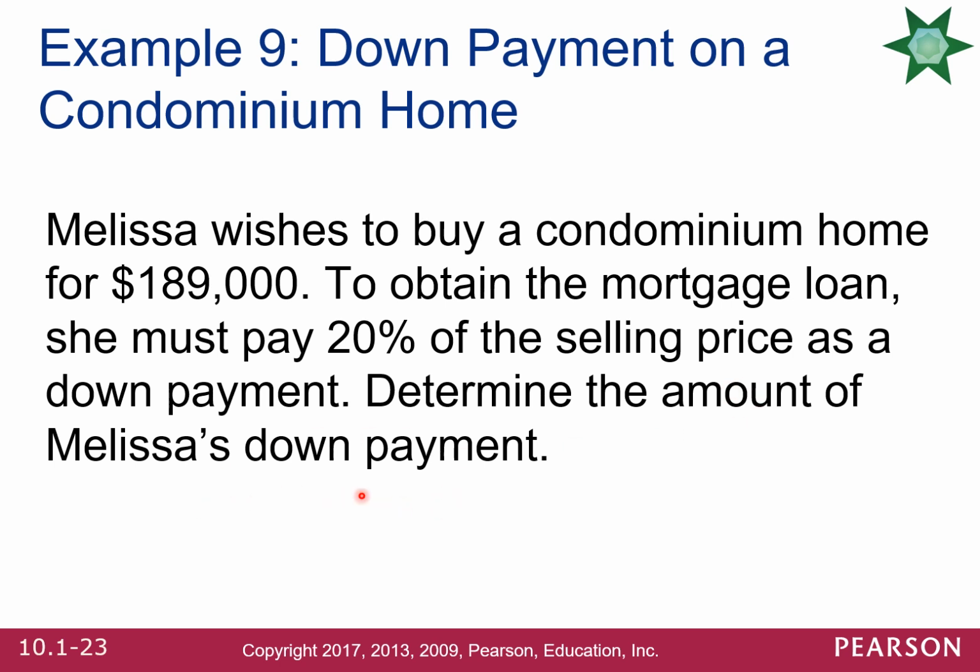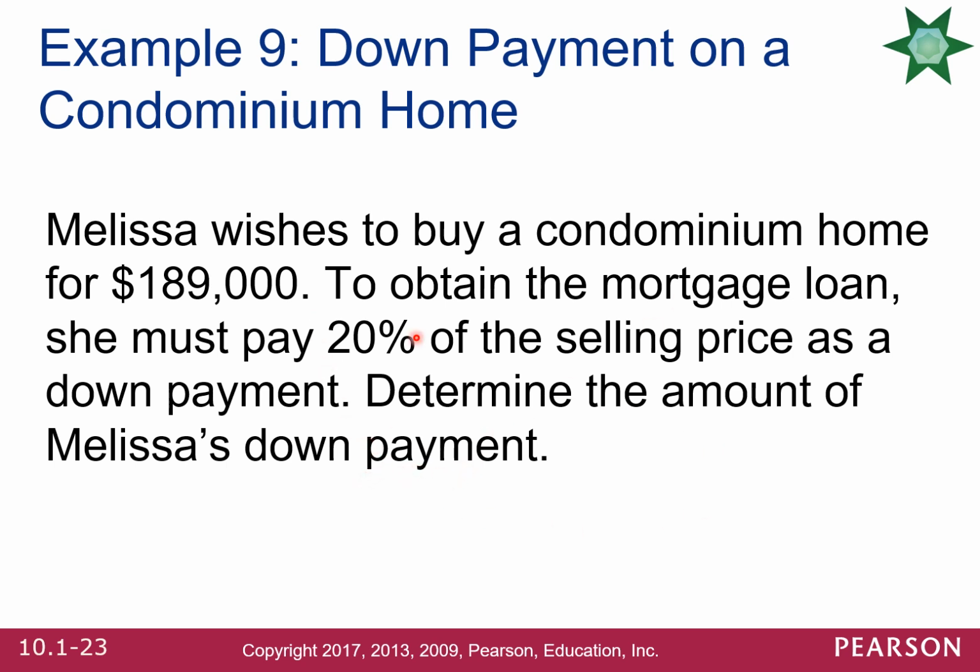In other words, we have to calculate what amount is 20% of 189,000. This is a pretty straightforward problem. All you have to do is convert 20% to a decimal value and multiply it by 189,000 to get the amount of the down payment.